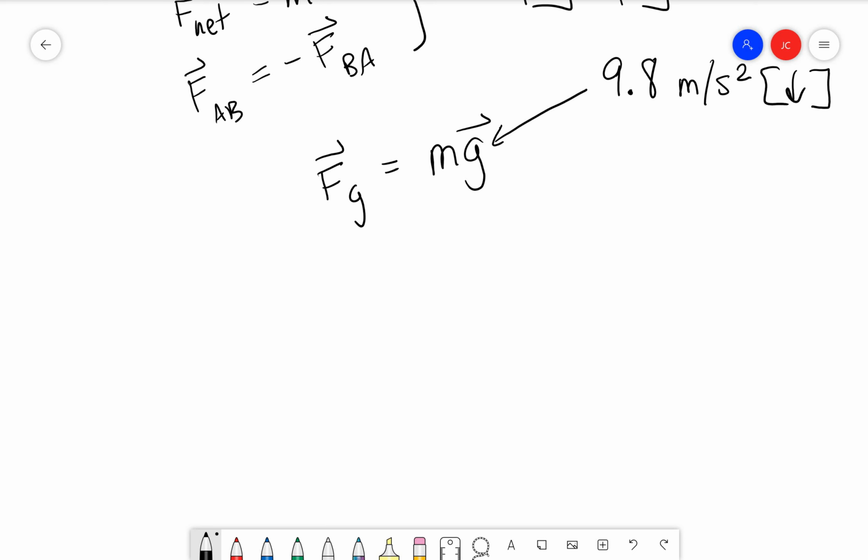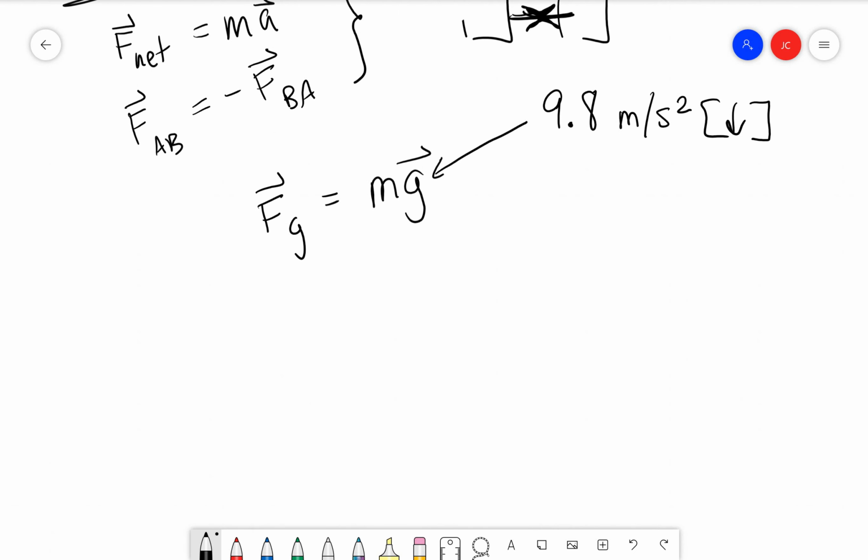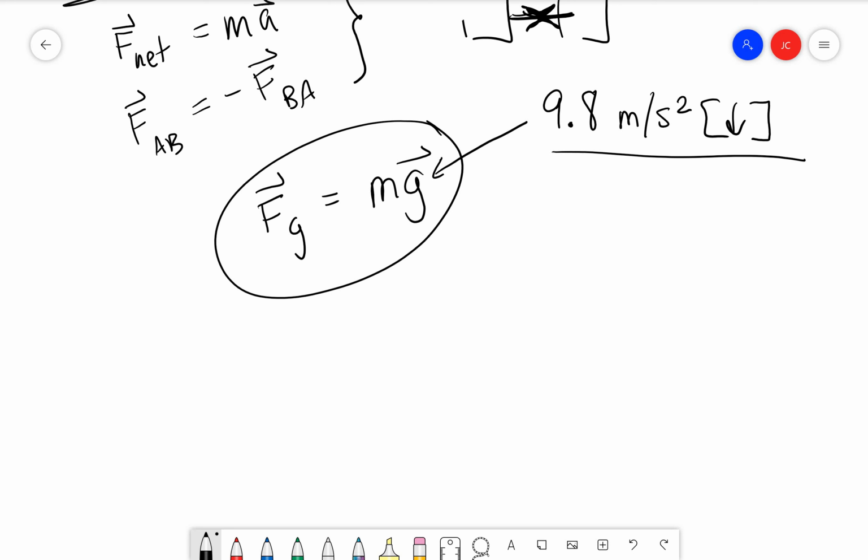If the question opens with "we're on the moon," then don't use that. But otherwise, this is probably the value. And this equation is very useful because any of those net force formulas, like F net of y is going to equal the normal force minus the gravitational force. And you're like, well, how do I know the gravitational force?